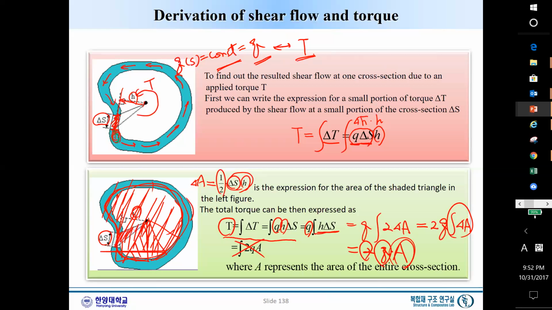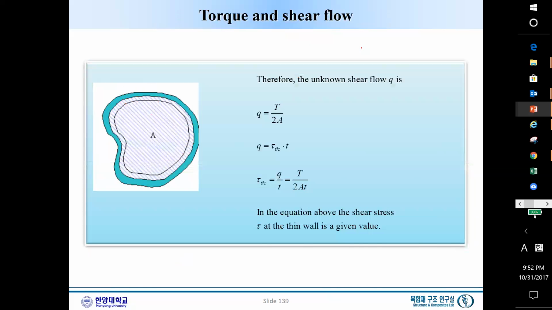Now, using these integrations, this gives us that Q is simply the torque T, which we apply to this thin wall shaft, divided by twice A. A is again this cross section, and Q is, remember, the average tau times T. This is a very important result.